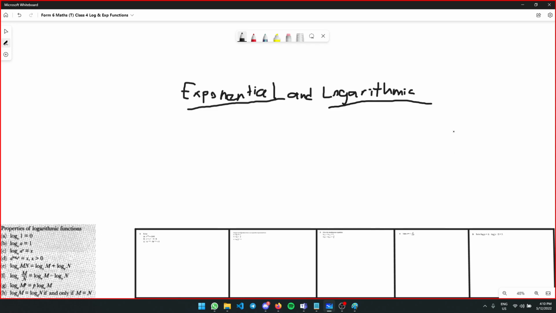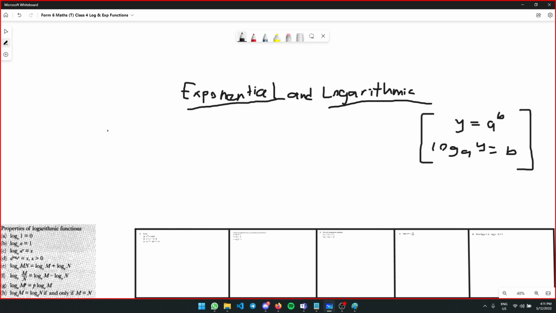If you have any function, let's say y equals a to the b, you can just write log base a of y equals b. So these are basically mirrored.